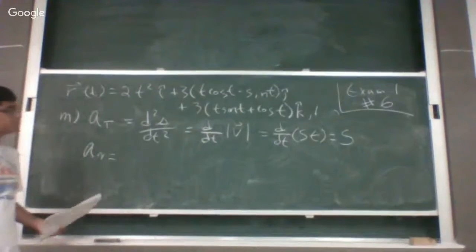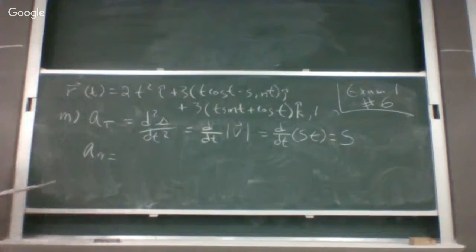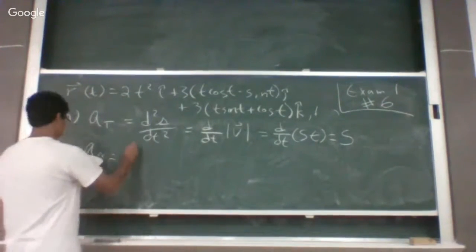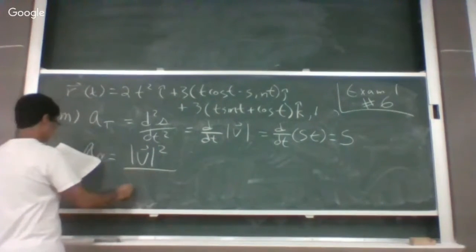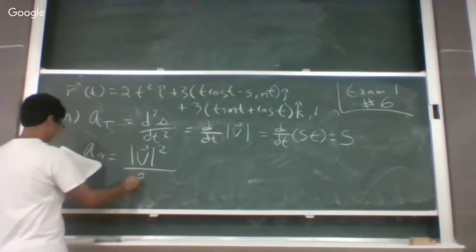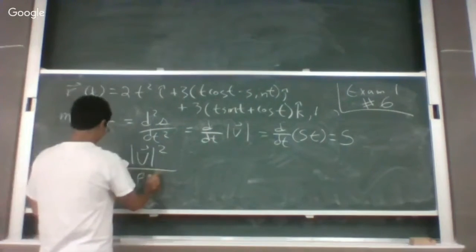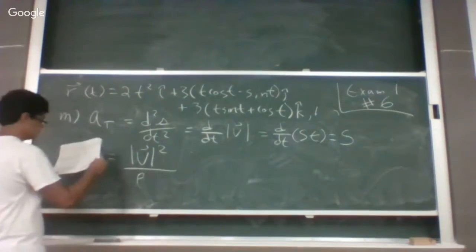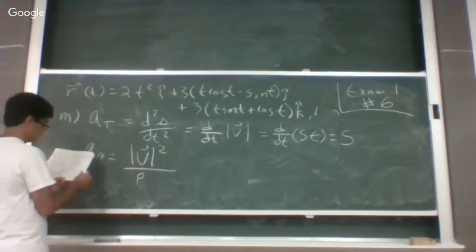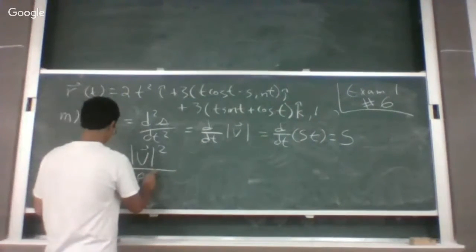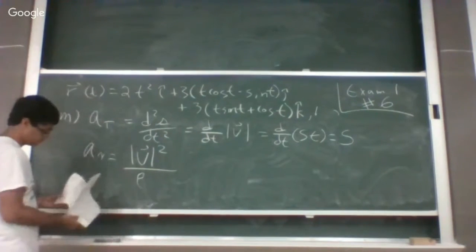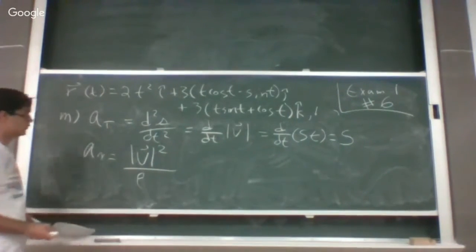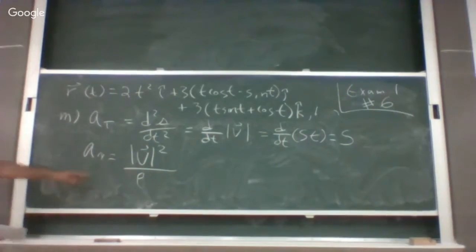And what is the formula for the normal acceleration? The magnitude of velocity squared divided by rho, which is equal to 1 over k. K is 1 over rho. I don't know why they square it though. Yeah, okay. So the magnitude of velocity squared divided by rho.